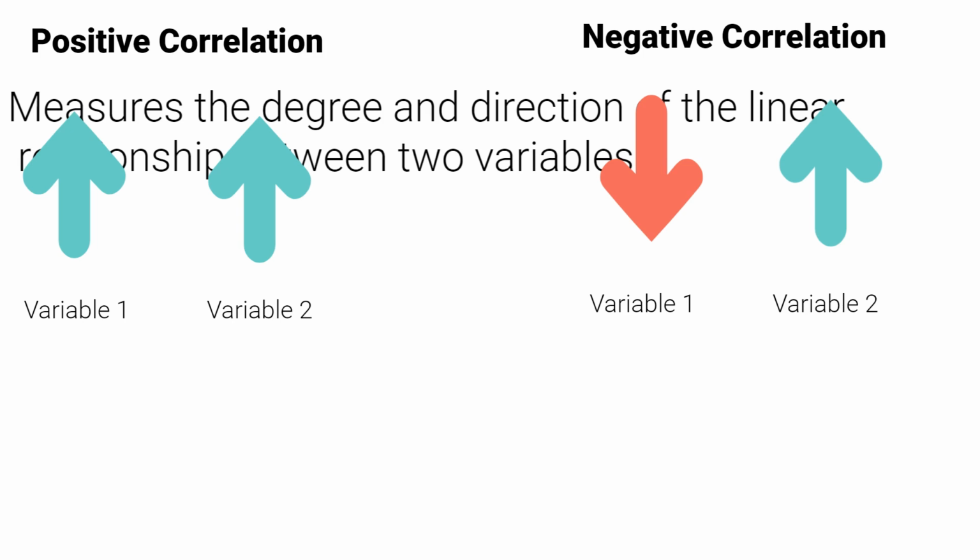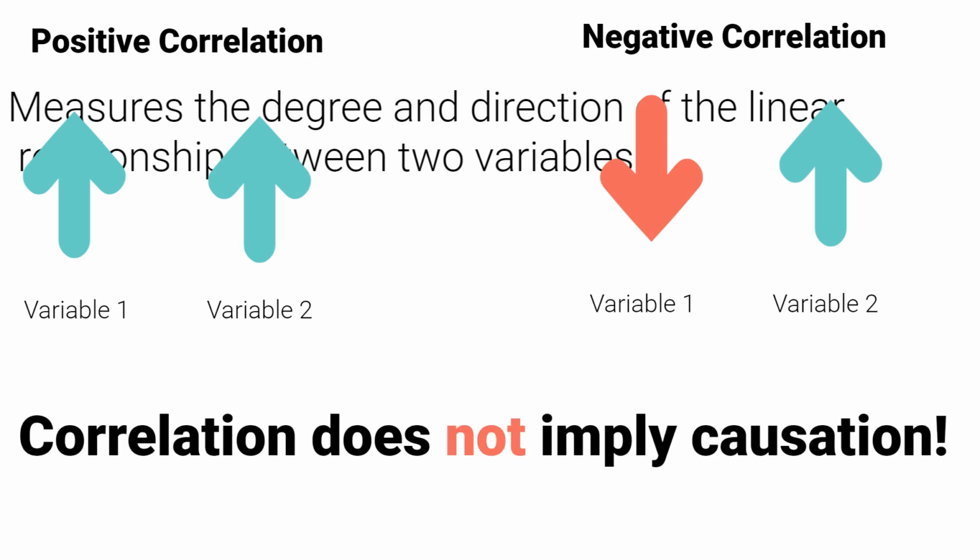Now, the age-old adage of statistics is that correlation does not imply causation. So this means that even if two variables are highly correlated, it does not mean that one causes the other. This has become a mantra in statistics, and what we'll do in this lecture is identify other ways to reinterpret that relationship.